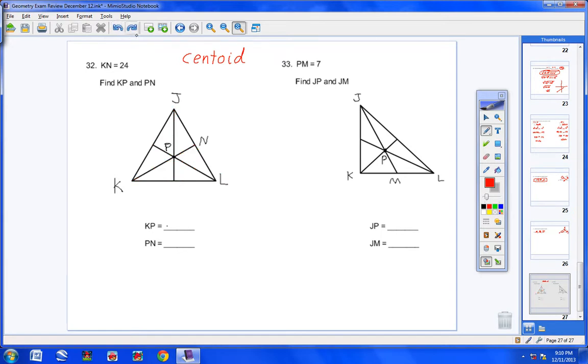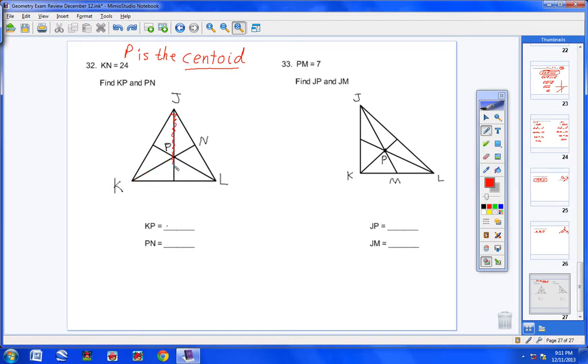Having that in mind, one thing I should have put in the directions is, and I'm going to do that now, P is the centroid of these triangles. Now, when that happens, please listen to me carefully. Do you see this line right here? This longer segment right here will always be twice as big as this segment here. Got it? And see this segment right here?